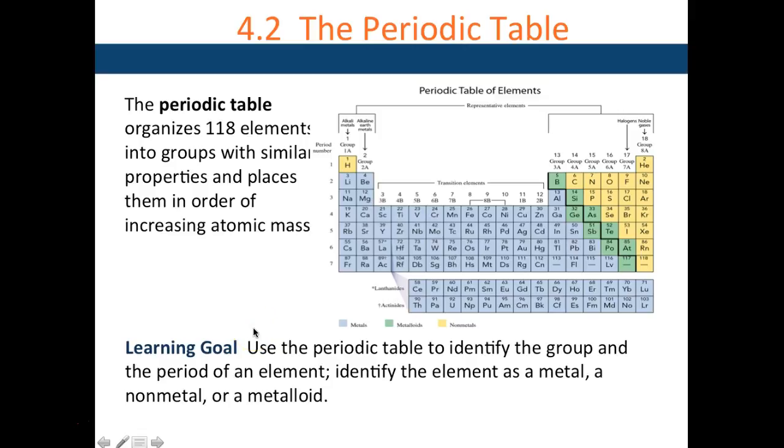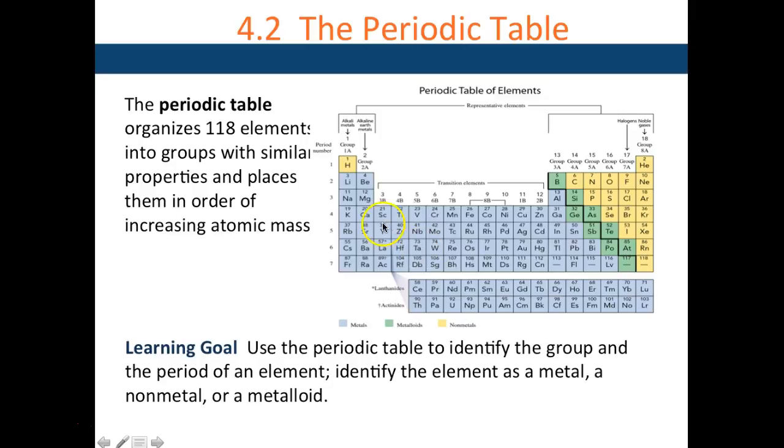All right. So here is the periodic table, and as you can see here, a large portion of the periodic table has this blue color. Now that's metals, all right? So a large portion of the periodic table, the left side, are metals.